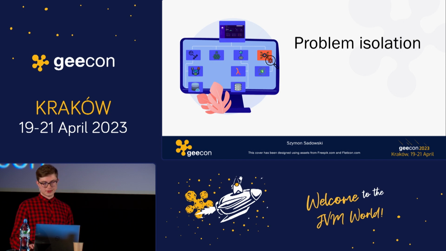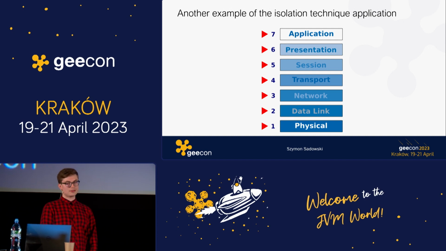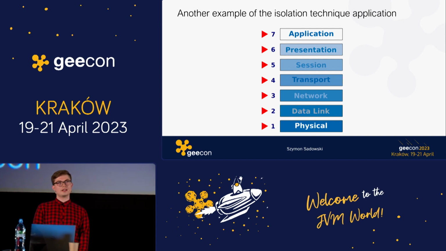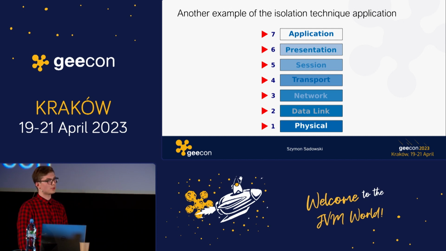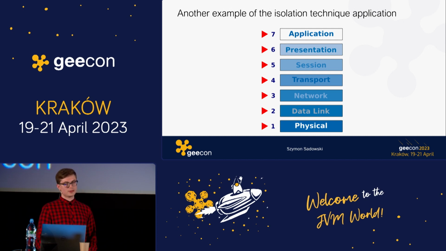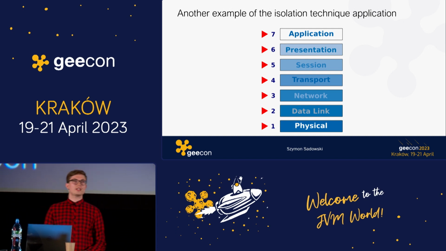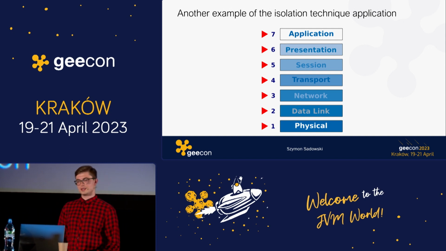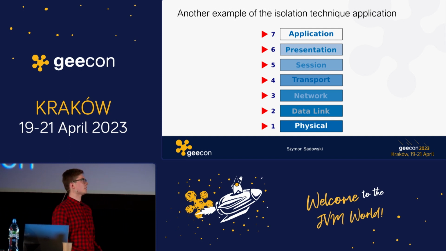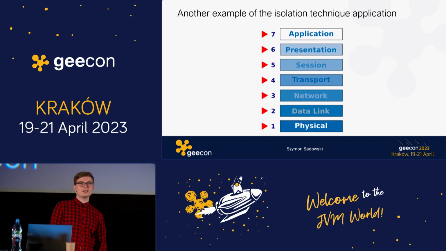So it's really important to apply this systematic approach. Another example of the application of this technique is the network OSI model, which is a standard model for network communications, which you might be familiar with. If you are investigating any generic problem with your network, like just a lack of network, you would start by checking the bottommost layer, the physical one.